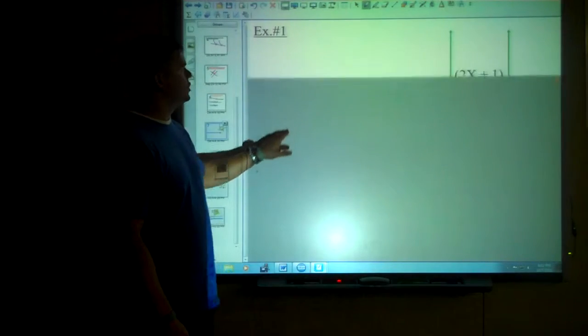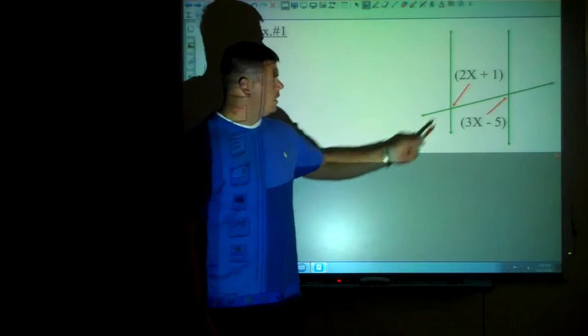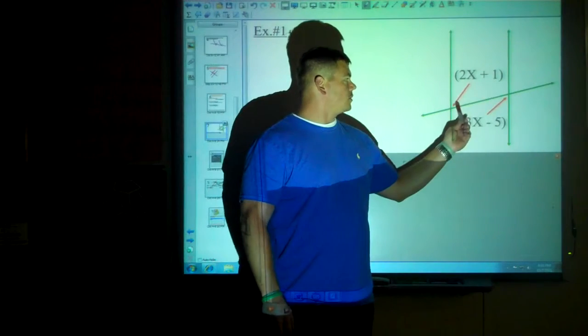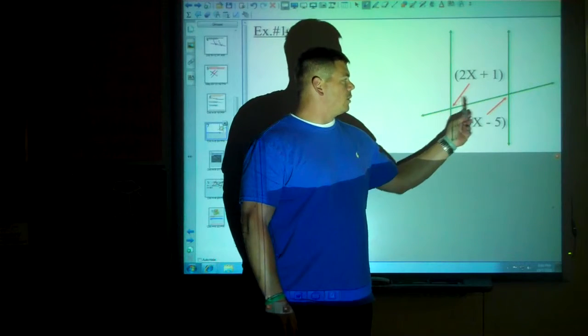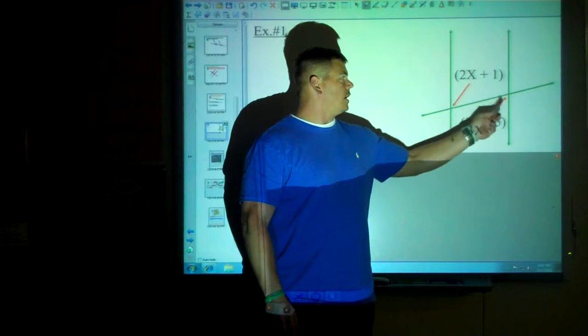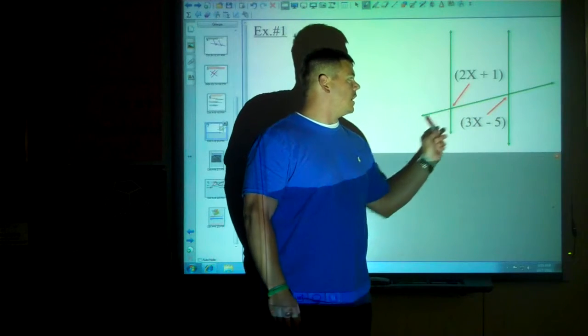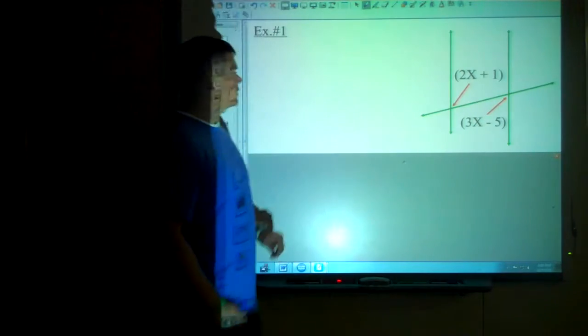Alright, first example, given this particular diagram, this angle 2x plus 1 is right here, and 3x minus 5 is right here. We'd call these alternate interior angles, because they are inside the two lines that are being cut by the transversal, and they're alternates because they're on opposite sides of the transversal.